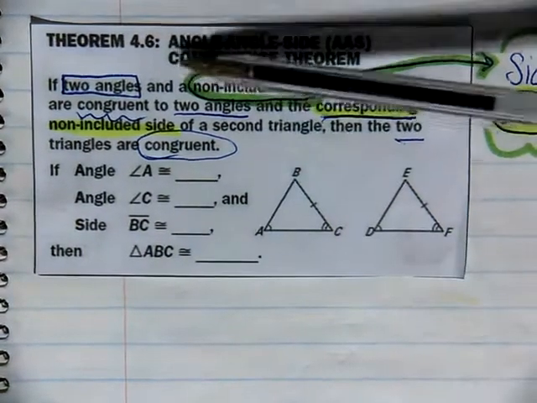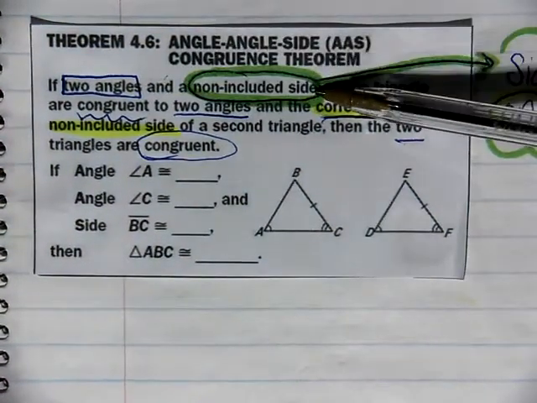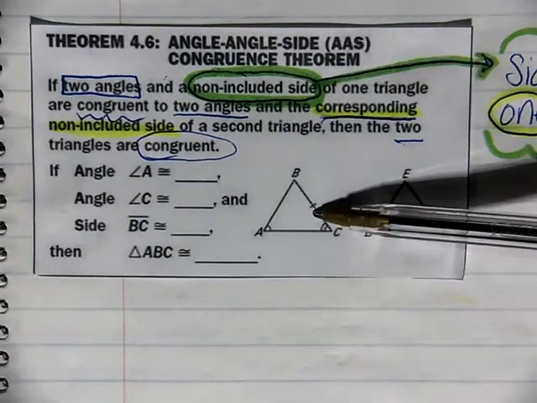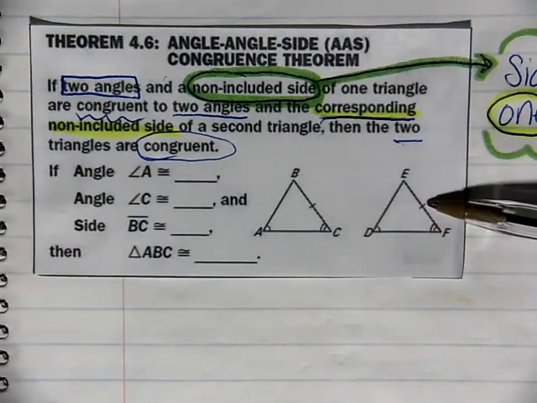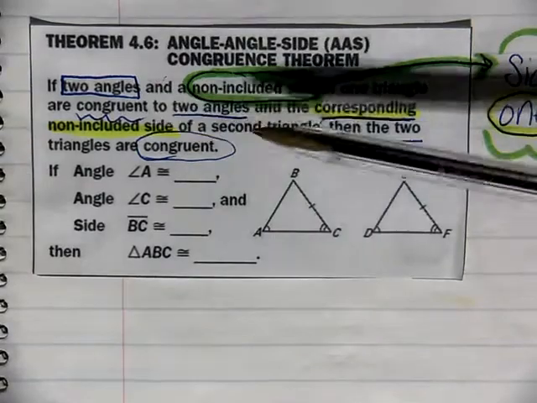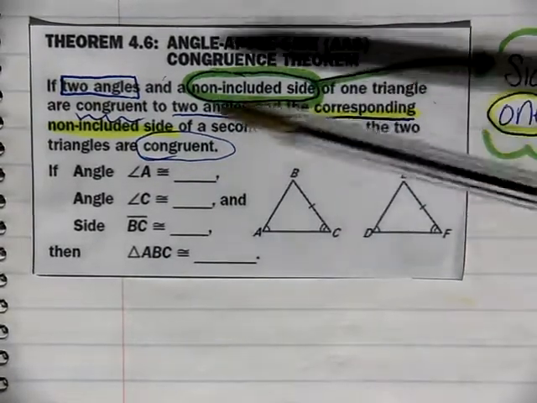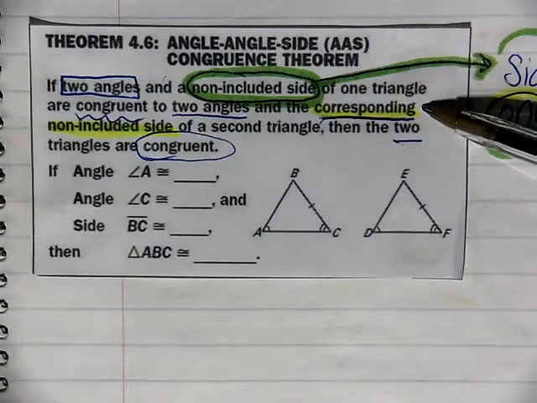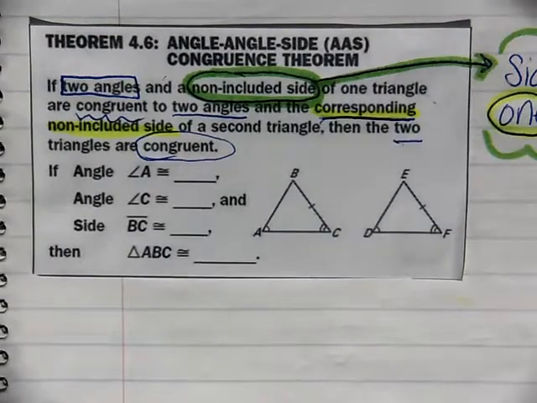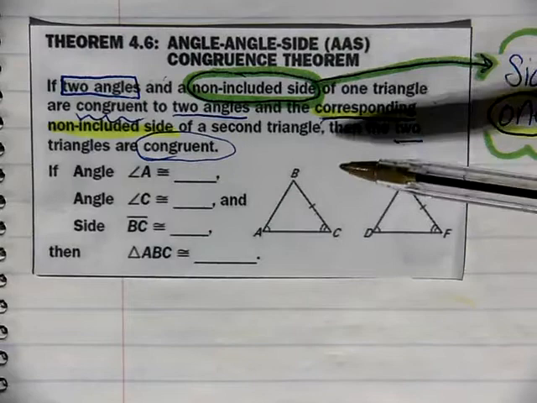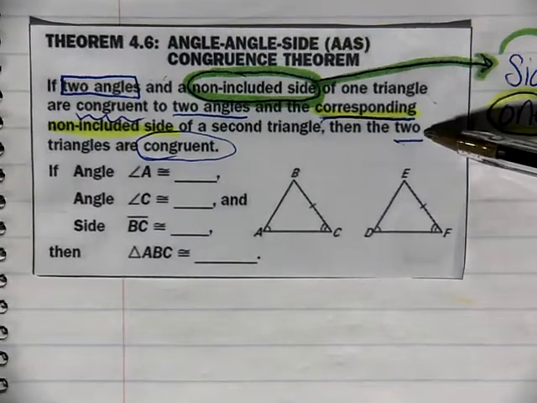So I'll read that one more time. If two angles and the non-included side, meaning the side only touches one of the angles, are congruent to two angles and the corresponding non-included side, so that means it's the matching side, and it's very clear which ones are matching, of a second triangle, then the two triangles have to be congruent.